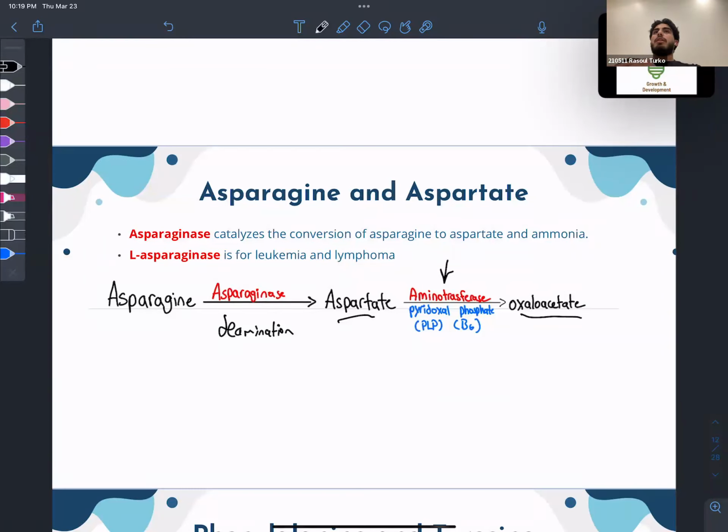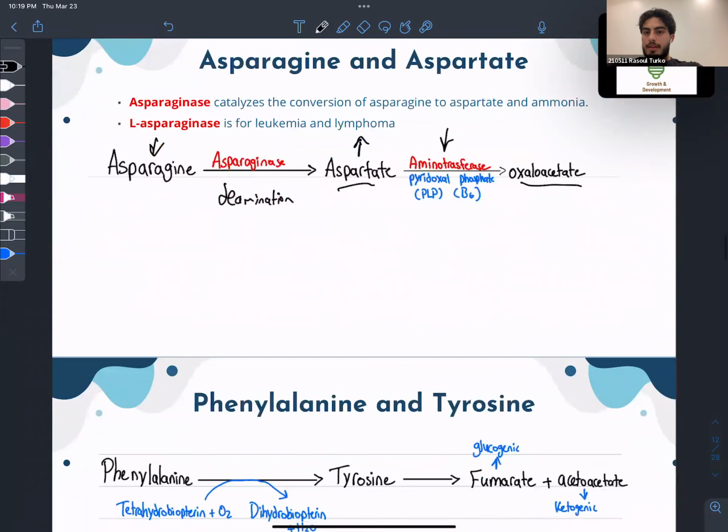So when a doctor prescribes the patient asparaginase, it metabolizes the asparagine, and therefore we get a lot of aspartate instead of asparagine. When we have less asparagine, the tumor won't be able to grow as much.